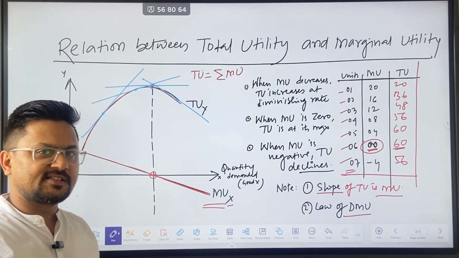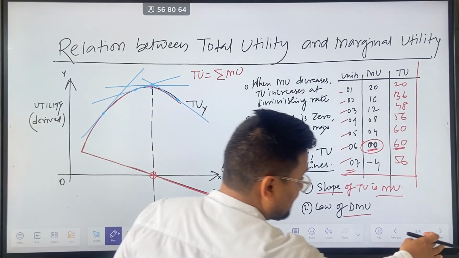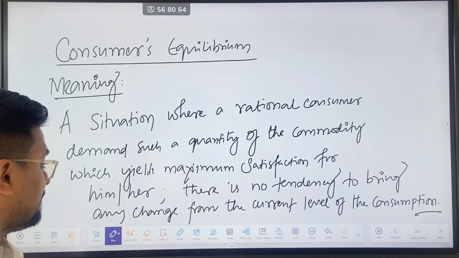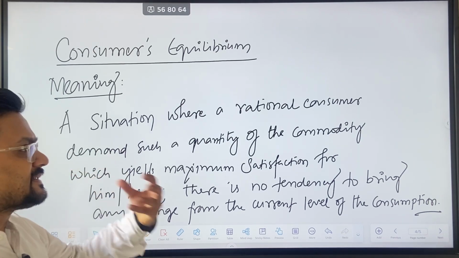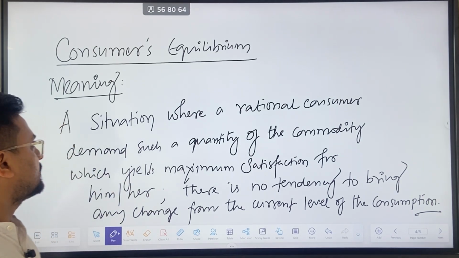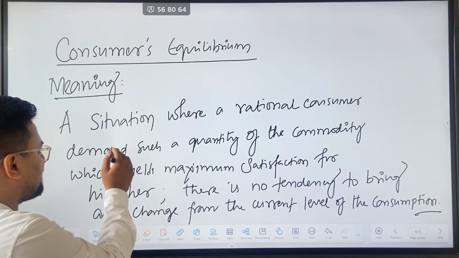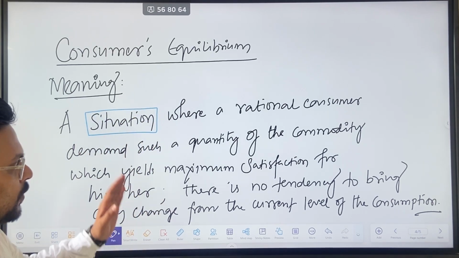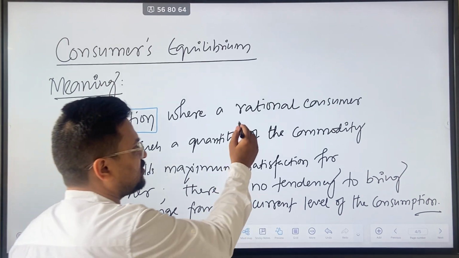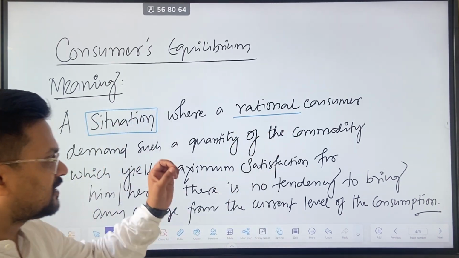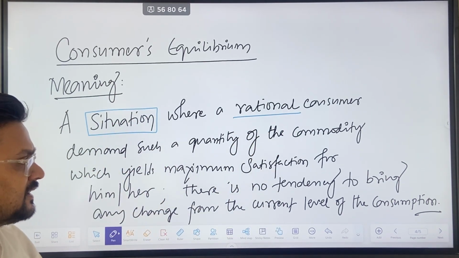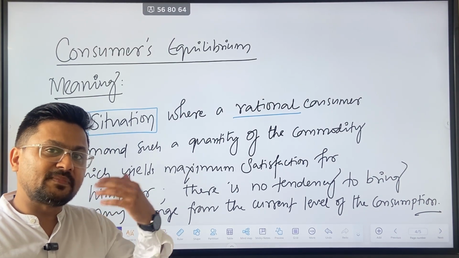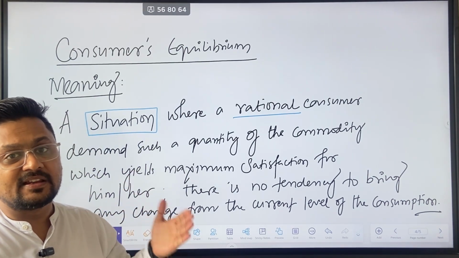Now we are going to discuss the further concepts, that is the meaning of consumer's equilibrium. Now what is consumer's equilibrium? A situation. First you have to keep in mind that we are talking about a situation where a rational consumer, again I'm talking about this important term, the consumer must be rational. The term rational means a consumer must take decisions in his favor.